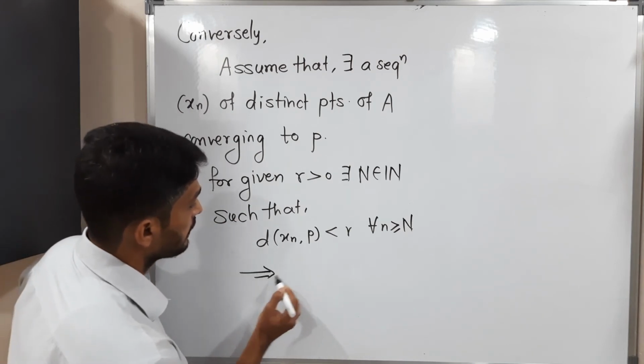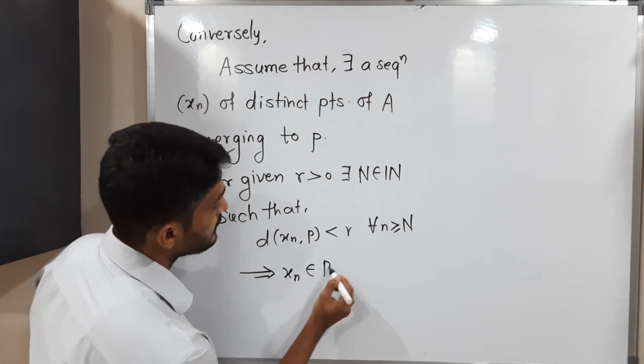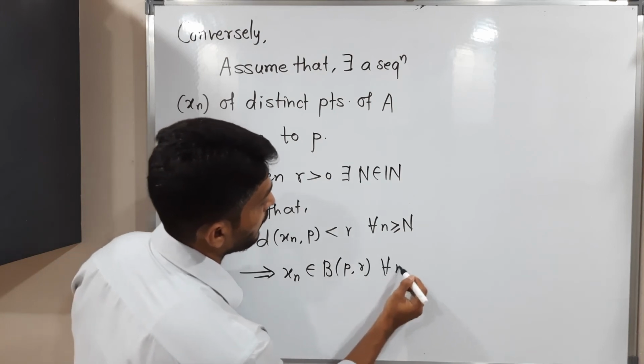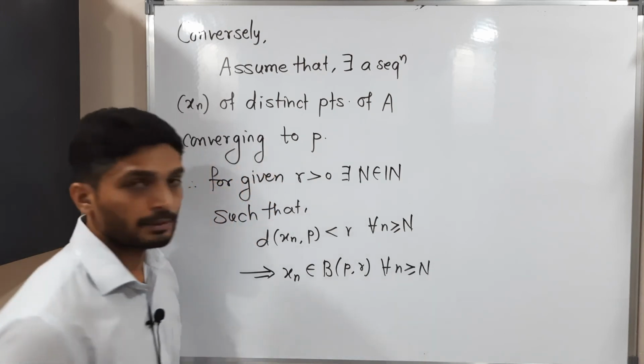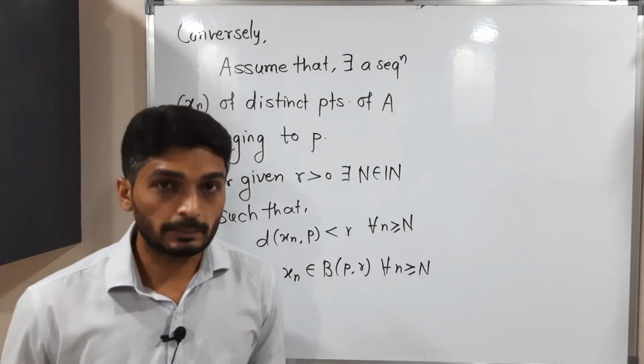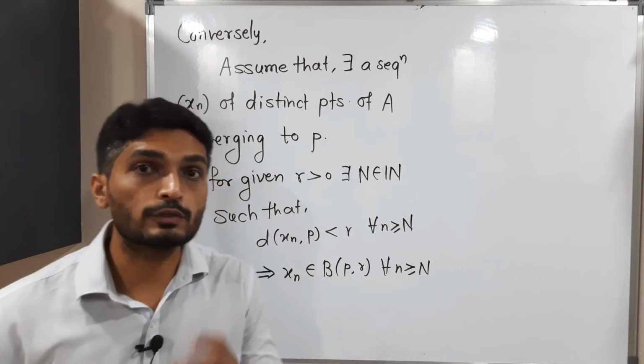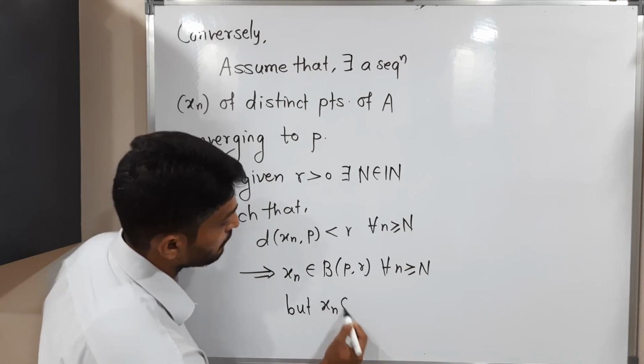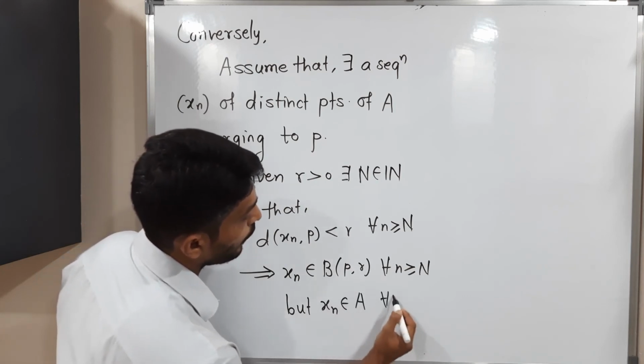That means xn belongs to the ball with center p and radius r for all n greater than or equal to capital N. But basically xn is a sequence of points of A, so xn belongs to A for all natural numbers.